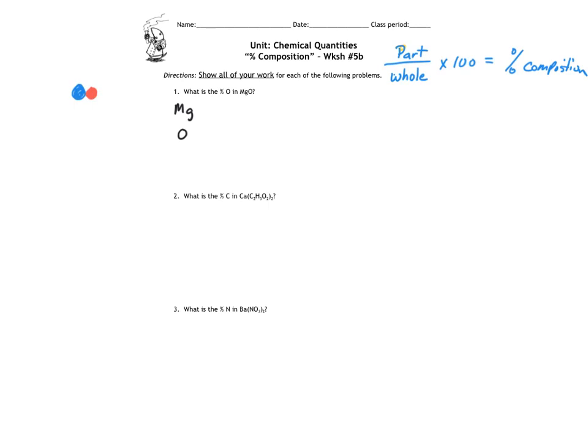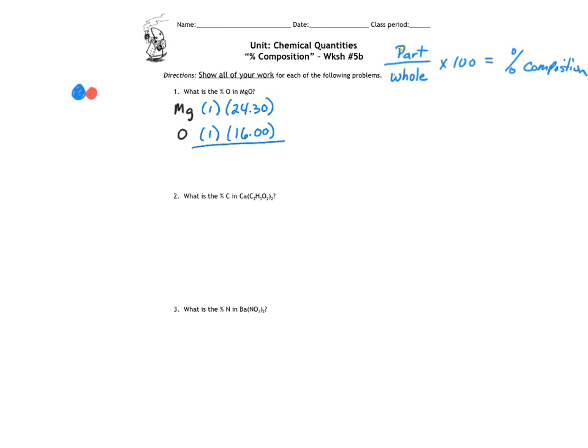So this is going to be the same thing we've done before when we're finding the molar mass. I'm going to flip back to this one. We've got one magnesium and it was 24.30, so we're going to multiply those together. I have one oxygen atom, and I've got that one memorized, and you probably do too at this point. One oxygen atom is 16.00.